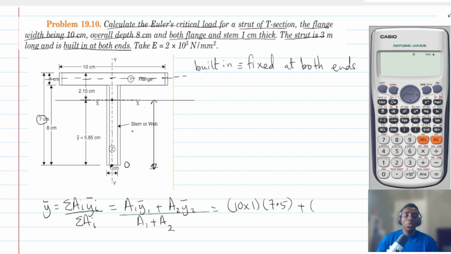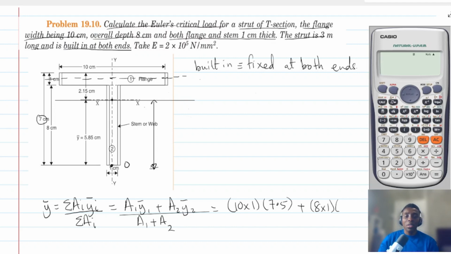And then you do the same thing for the stem or the web. The area is going to be, the whole of this length is 8. So 8 multiplied by 1, that's the area of the stem. Then you multiply by the distance from the origin to halfway up the stem.